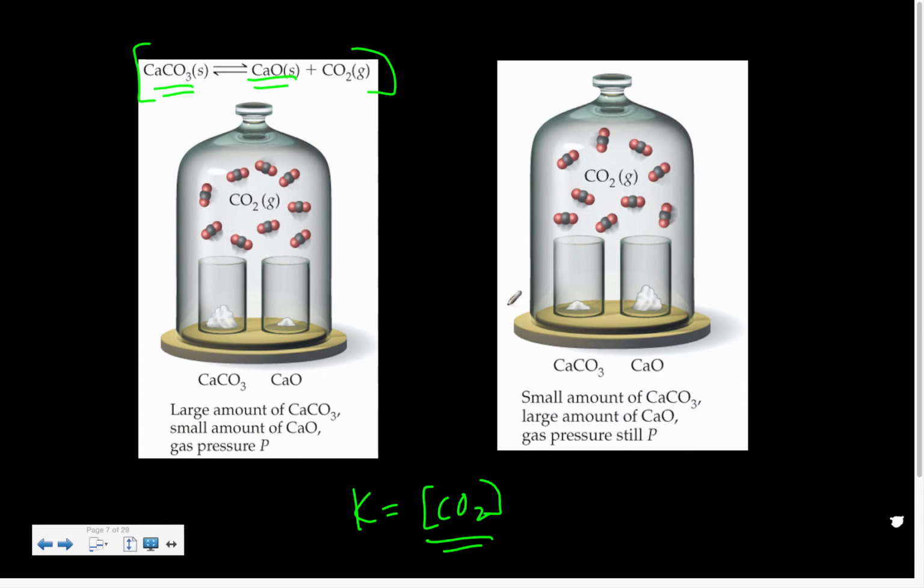Which is what this picture is hoping to convey. We can have a lot of the calcium carbonate and a little bit of calcium oxide, and we get this number of 1, 2, 3, 4, 8, 9 CO2 molecules. Likewise here, if we have a little bit of calcium carbonate and a lot of calcium oxide, we still get the same amount of CO2 because we've reached equilibrium.